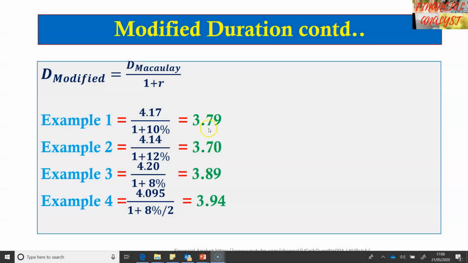Then we calculate 3.7 for the bond in example 2 and 3.89 for the bond in example 3, and also for the bond in example 4 where it pays semi-annual coupon, we get 3.94 as the modified duration.